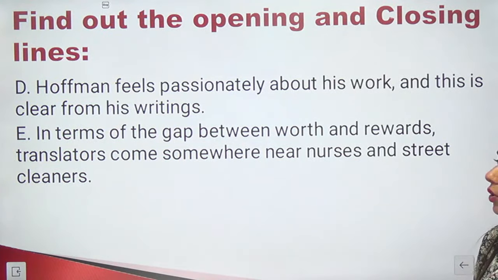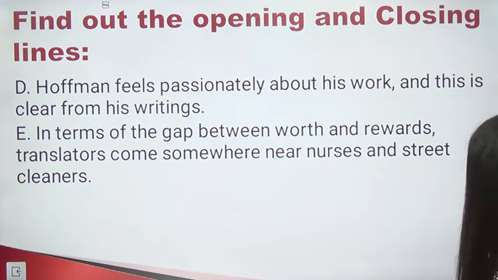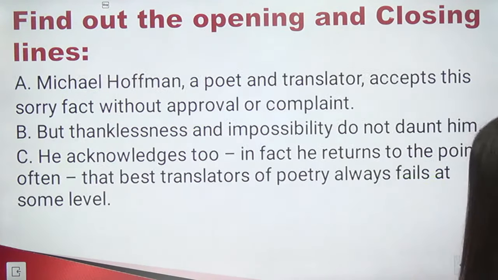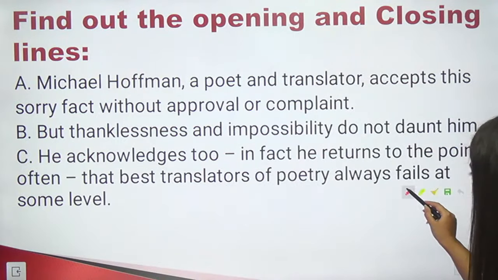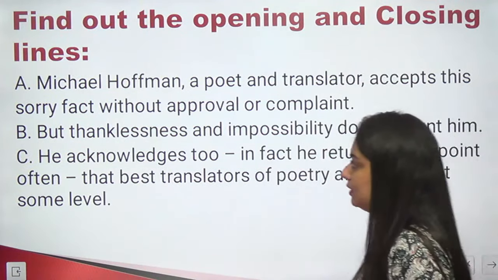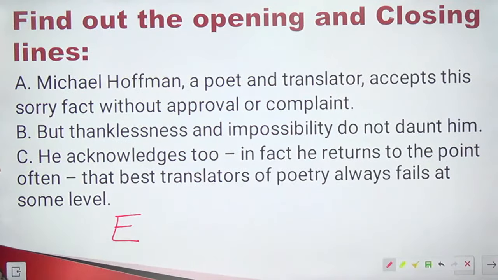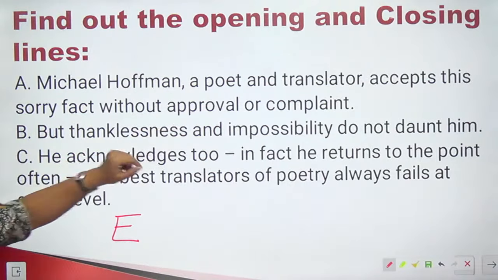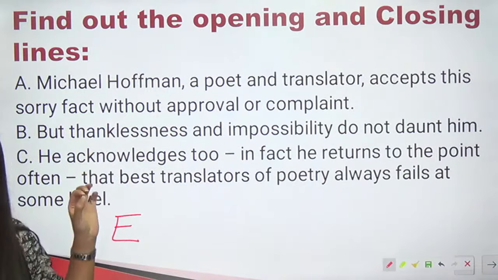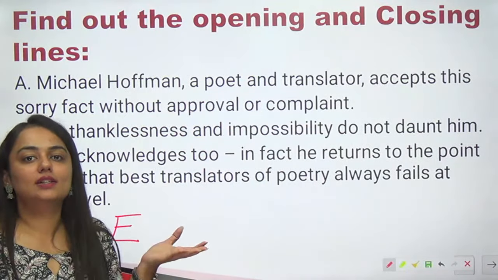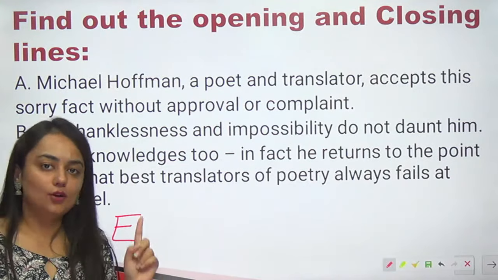And what about the closing line? E becomes our opening line. Let's write it down. It will get even more easier. Yes, guys, read these 3 sentences again and try to guess the closing line. Michael Hoffman, a poet and a translator, accepts this sorry fact. The sorry fact, that is, translators are not given their worth, is the opening line.